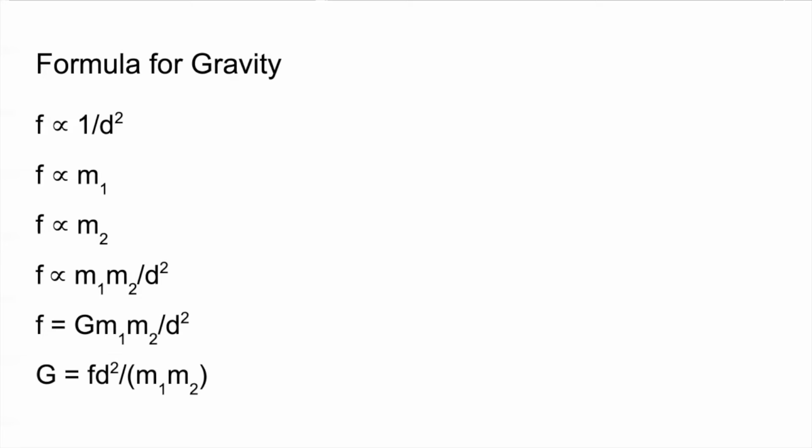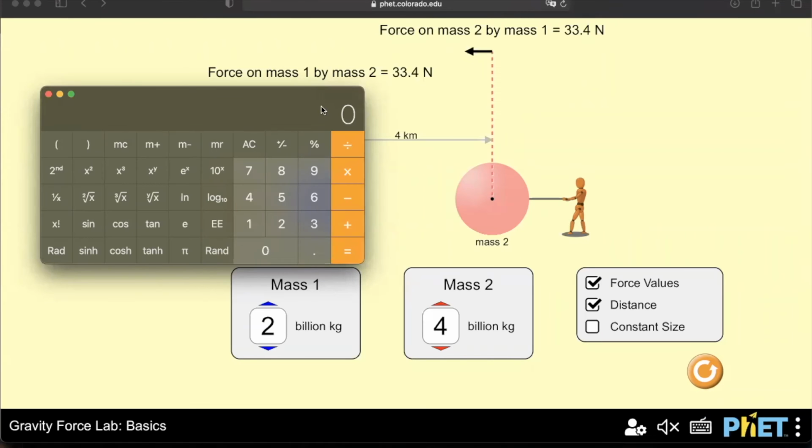So going back to the simulation, we can determine what the value of G is. You can set the distance and masses to any values you want, but we're just going to use the default values. So let's calculate G. G is equal to F, which is 33.4, times d squared. d is 4 kilometers, but we only really use meters in physics, so that is 4,000 meters squared.